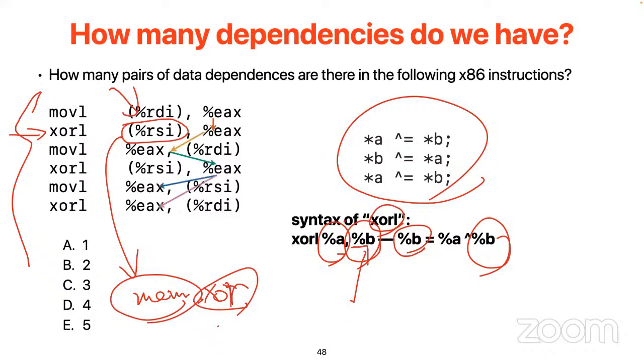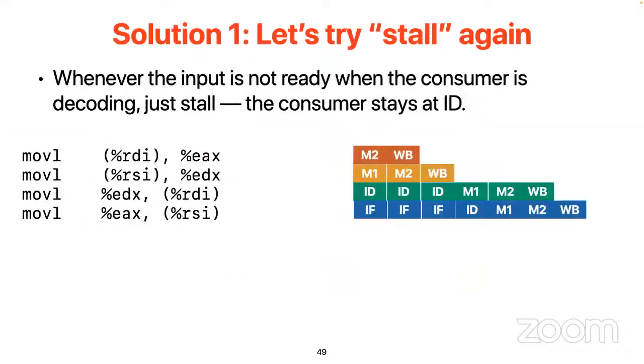And for this one in particular, there are 5 places, or say 5 pairs of instructions, where we will see data dependency, because especially it's all on EAX, which creates the case of data dependency.